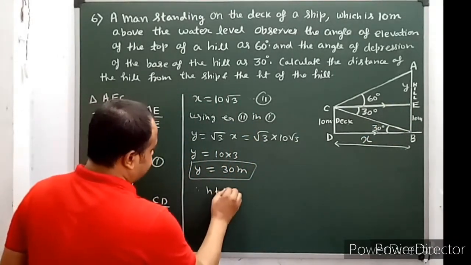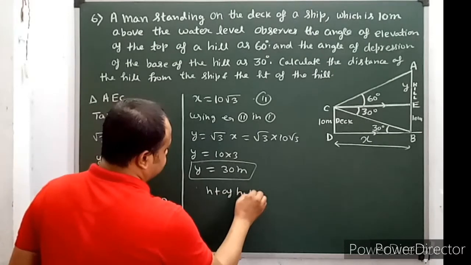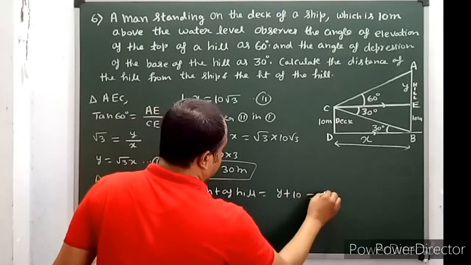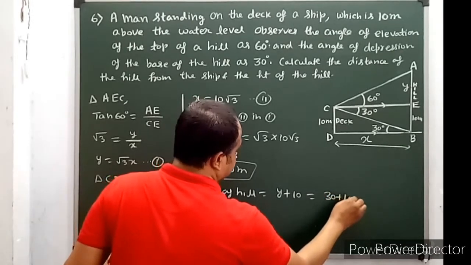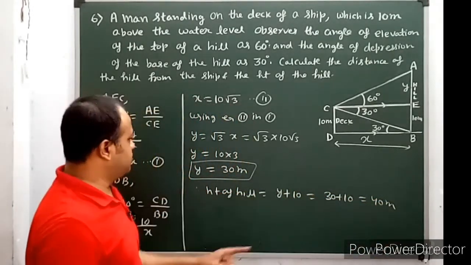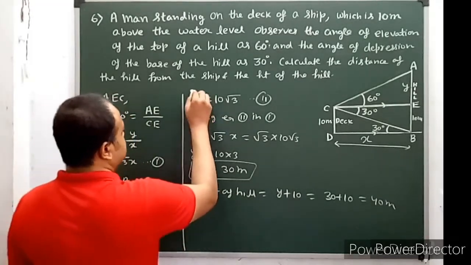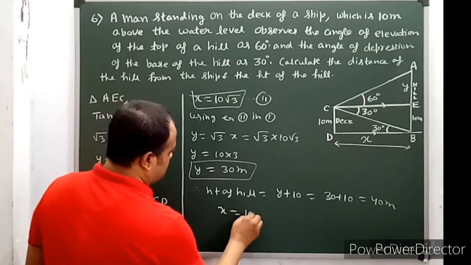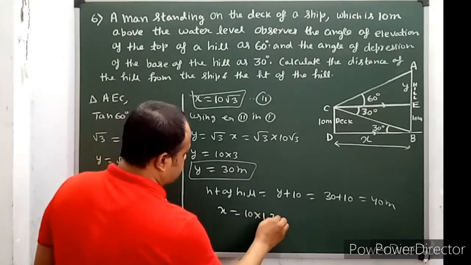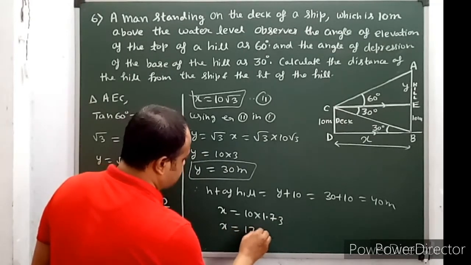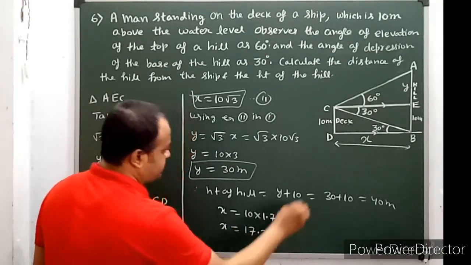Therefore height of hill will be Y plus 10, that is 30 plus 10, that is 40 meter. And the distance we have already got, X equals 10 root over 3. If you put the value of root over 3, 1.73, you will get X as 17.3 meter.